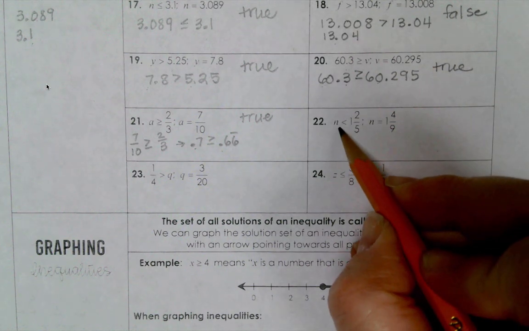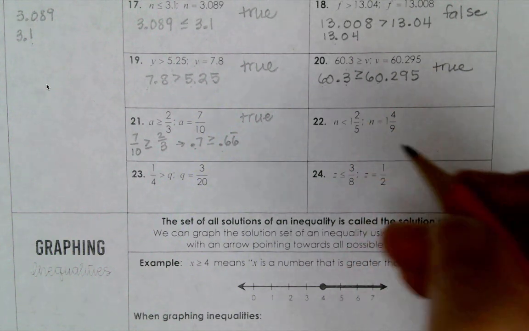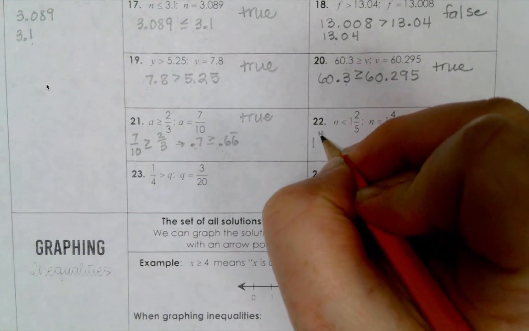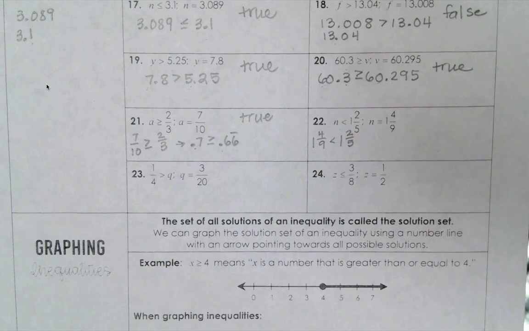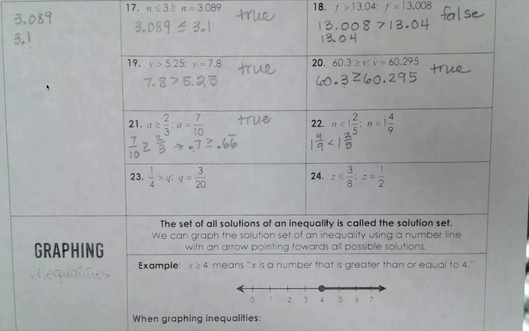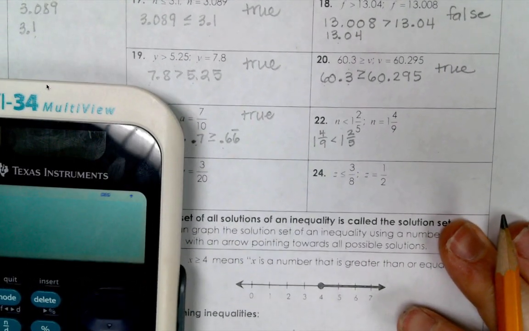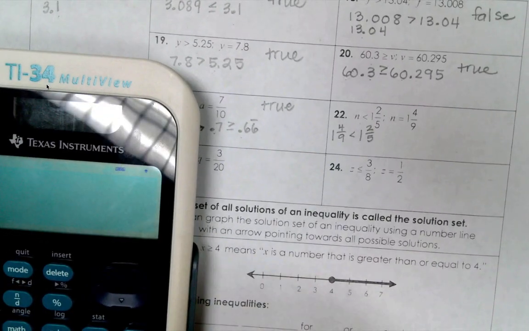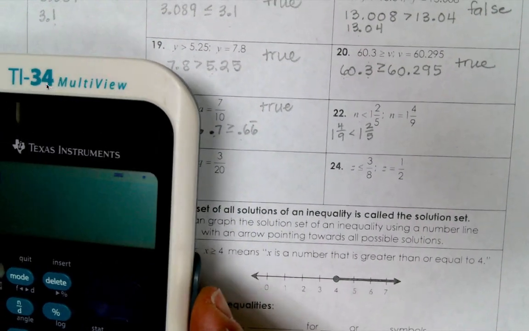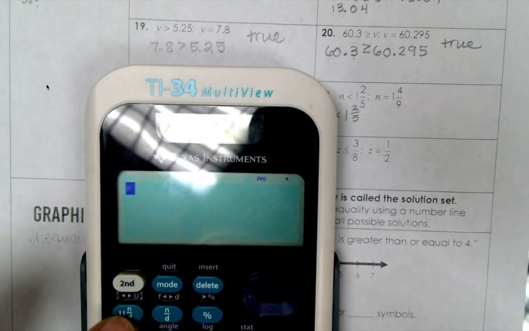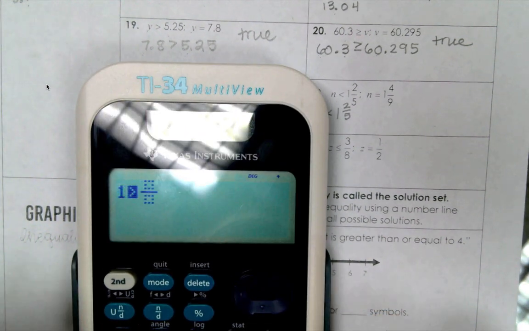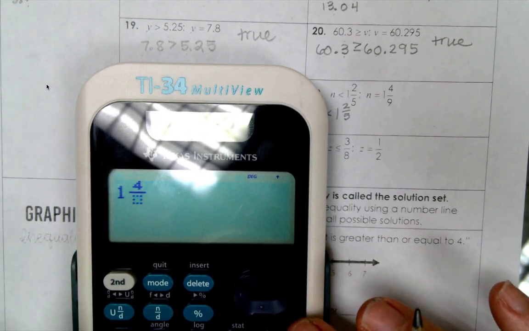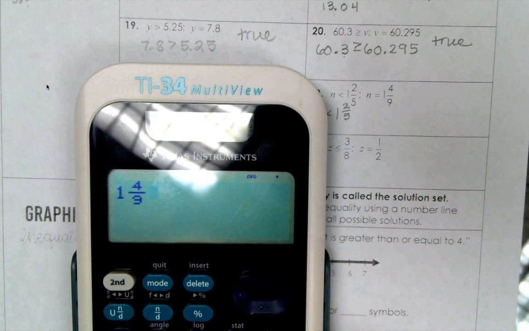Okay. N is less than 1 and 2/5. I have 1 and 4/9 is less than 1 and 2/5. Okay. So I'm going to use my calculator right here and put this as a decimal. To do this, you're going to type your mixed number, 1 and 4/9, enter.